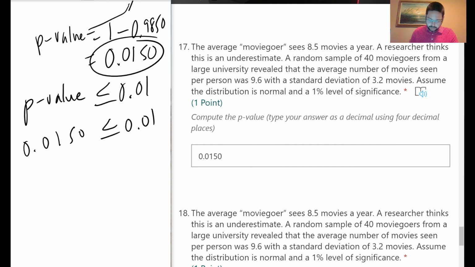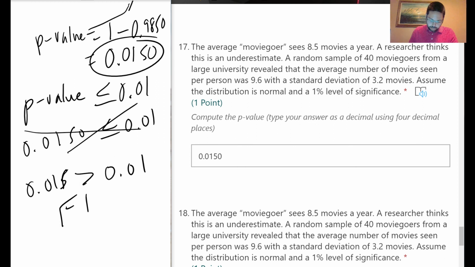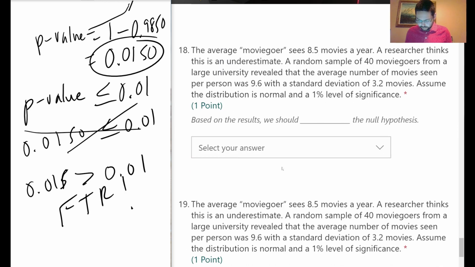So this means this is not true, right? 0.015 is actually greater than 0.01. So since 0.015 is greater than 0.01, this means we fail to reject. If the p-value is greater than alpha, you're going to fail to reject. So this is actually a fail to reject.